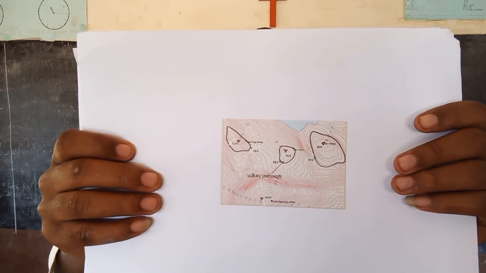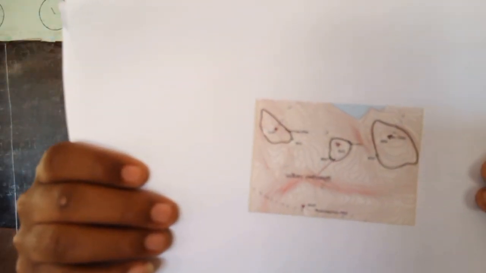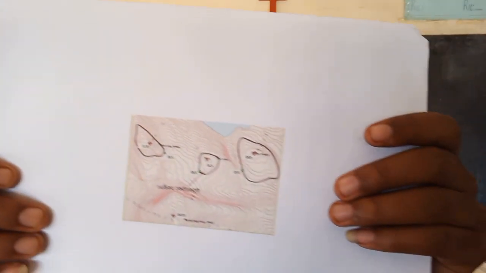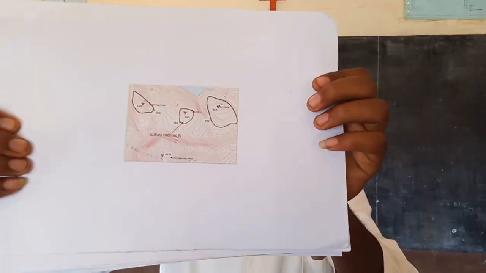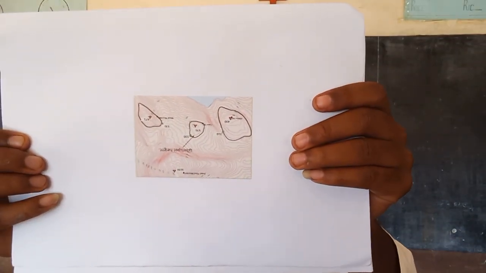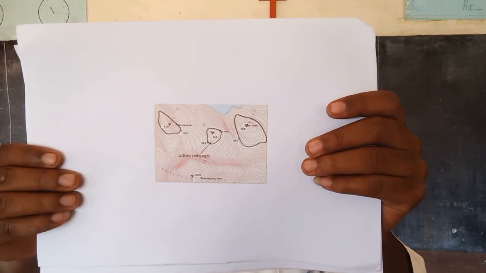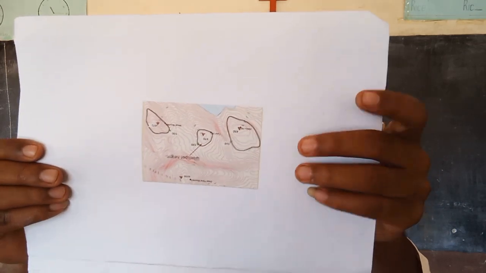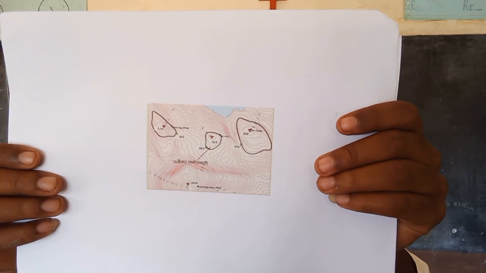Are you seeing the angles? From this contour line, the angles which are primary and the angles which are secondary.